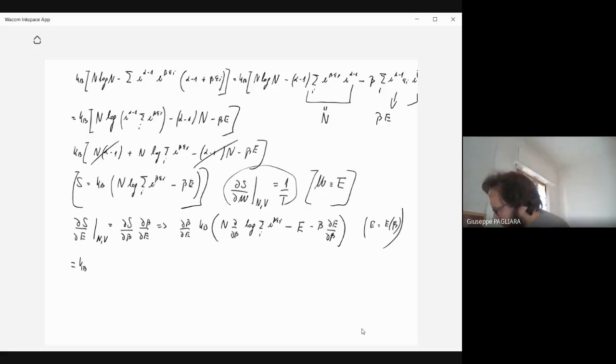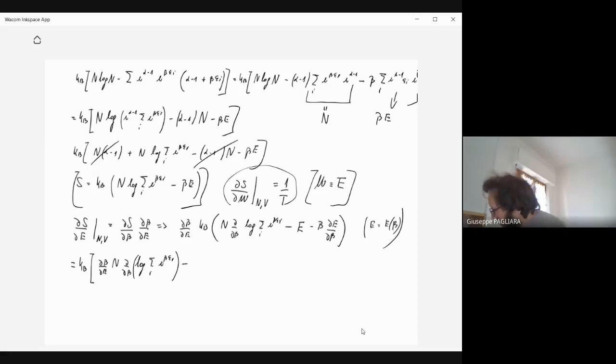kB can be taken outside again. Then I have a derivative of beta with respect to E, n times the derivative with respect to beta of log of the sum of e to the beta epsilon i.